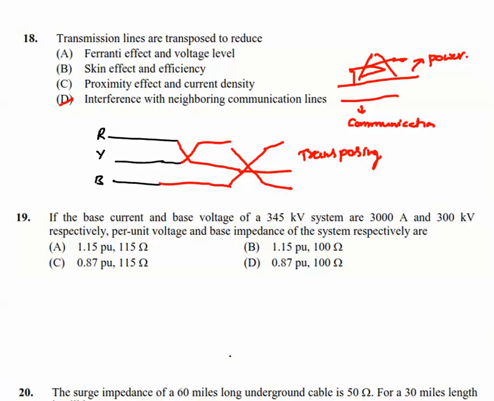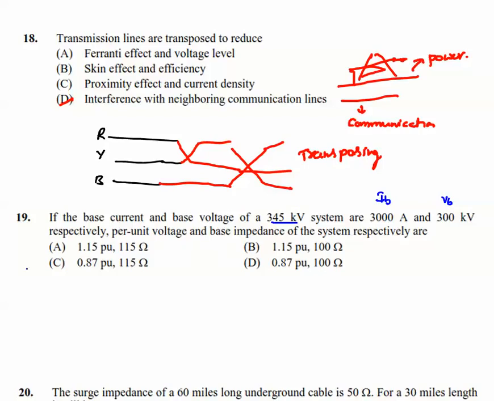Okay, and the next question here is, if the base current and base voltage of a 345 kV system are 3000 A and 300 kV respectively, find the per unit voltage and the base impedance of the system respectively.